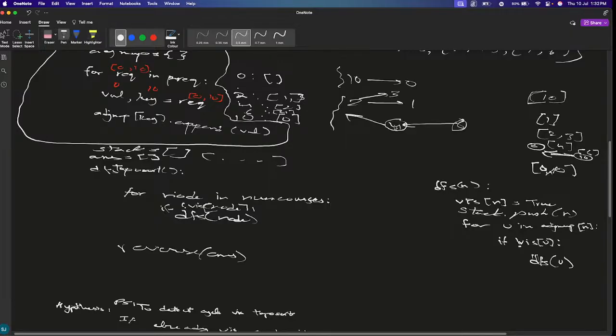Rather, we will just start going back. Let's say there was DFS of 0. We are doing the 0 1 2 1 0 example. So we start with DFS of 0. Visited of 0 is true. Stack is 0.